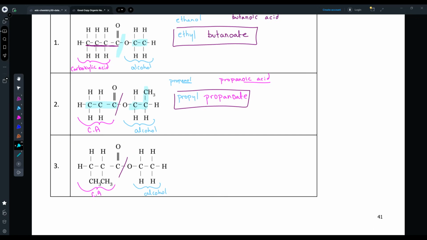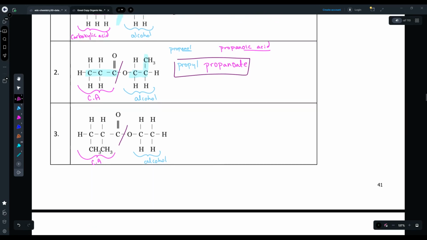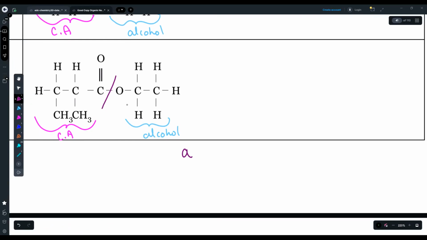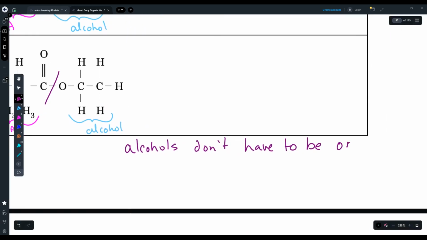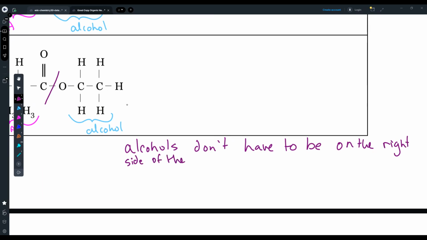Okay, so let's just make sure to write this as a note to ourselves. So I'm abbreviating carboxylic acid just to CA.